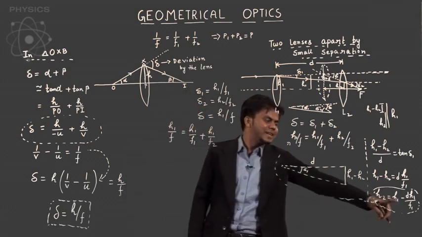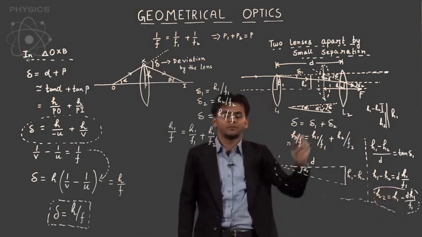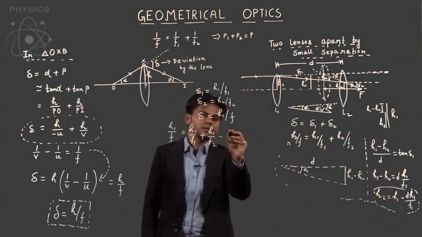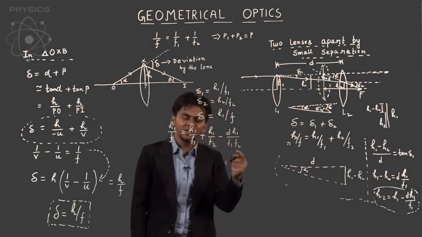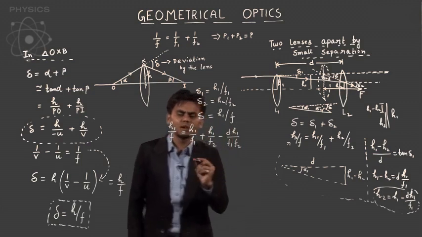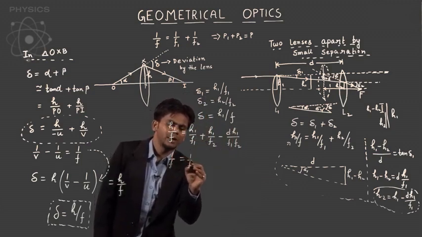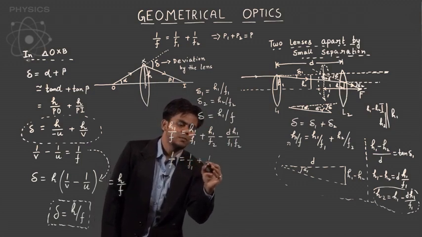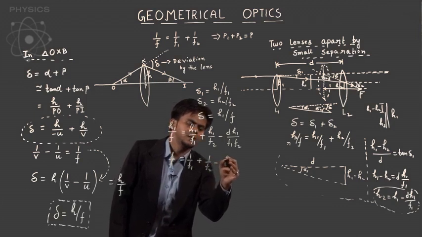Now next thing is minus D H1 by F1, so minus D H1 by F1 by F2. So another thing comes out. This H1, H1, H1 and H1 can be cancelled out. So 1 by F is equal to 1 by F1 plus 1 by F2 minus D by F1 F2.